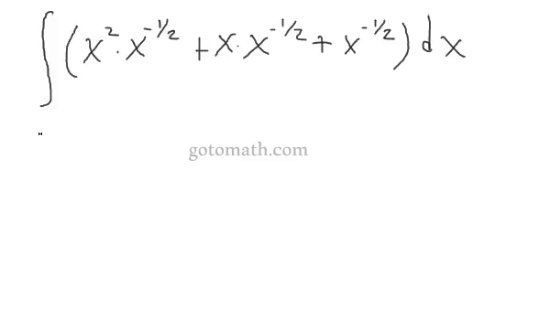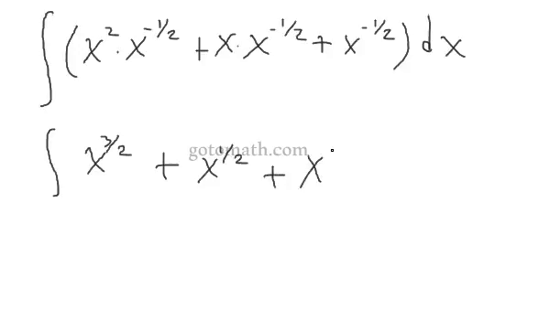Well, we're getting there anyway. Adding exponents, we have 2 minus a half. That's going to be x to the 3 halves, right? Plus x to the half. So we haven't done any calculus yet. We've just been doing a bunch of algebra. And that's usually the way calculus is. You spend most of your time doing algebra.